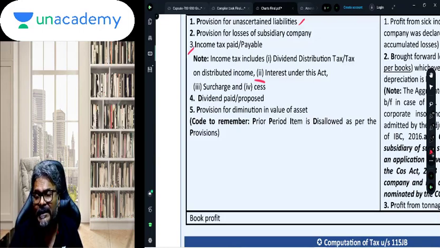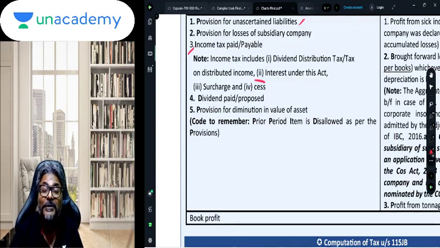Somebody will think, sir, it is better to pay directly to the employee to claim the deduction under 37(1). No, students, it is better to put the money in the fund, because only money deposited in the approved fund has the grace period of 43B, which is up to the due date of filing the return of income.